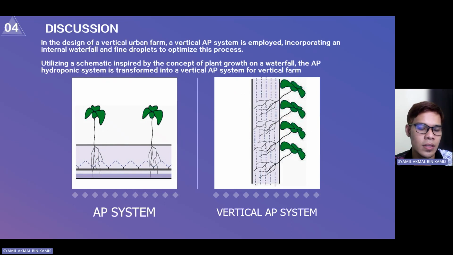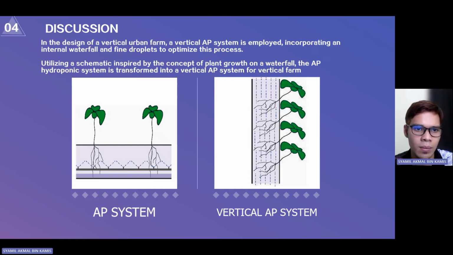The next slide is the discussion for this article review. In the design of a vertical urban farm, a vertical aeroponic system is employed, incorporating an internal waterfall and fine droplets to optimize this process, utilizing a schematic inspired by the concept of plant growth on a waterfall.